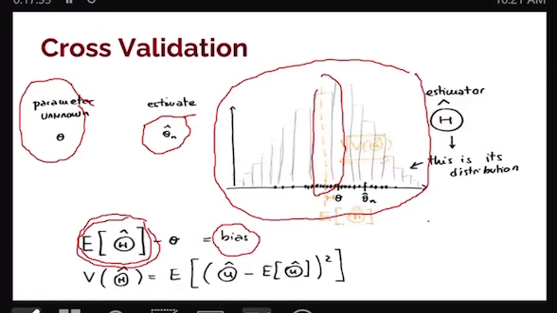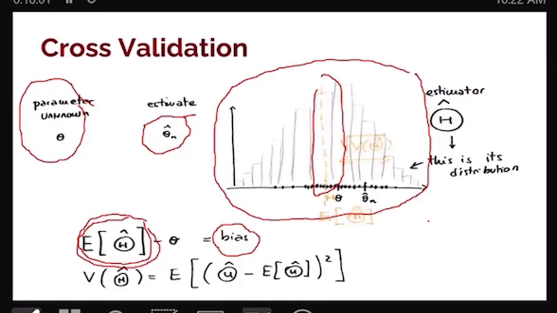The essence of cross validation is to split your data set into different subsets, and you find an estimate from each subset. You average that. When you average that, you compare it to the true value of the parameter of interest.